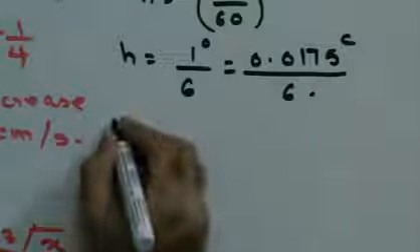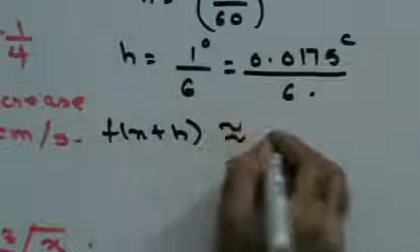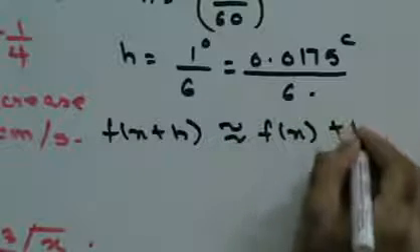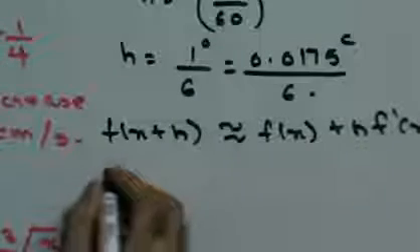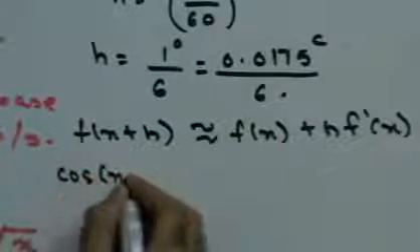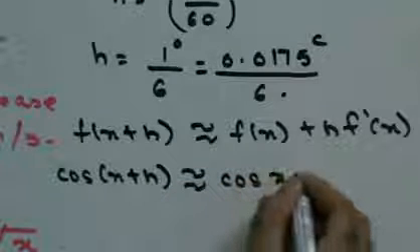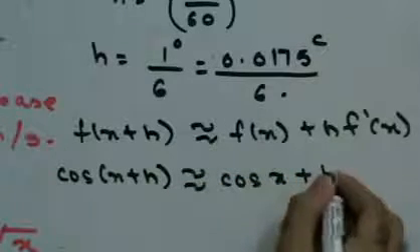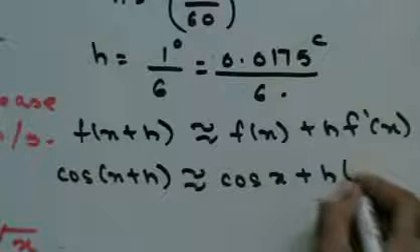Now use your formula. I can say f of x plus h is approximately equal to f of x plus h times f bar of x. F of x plus h can be substituted as cos of x plus h is approximately equal to cos x plus h times f bar of x. F bar of x is nothing but minus sin x.